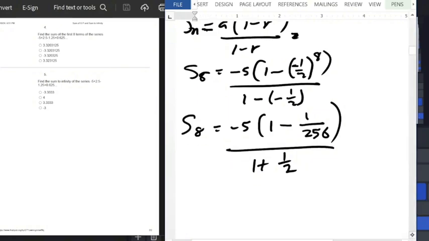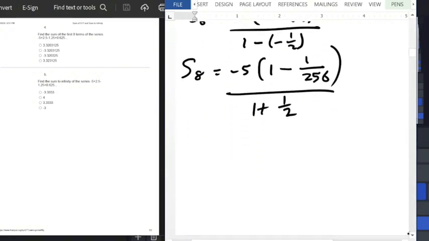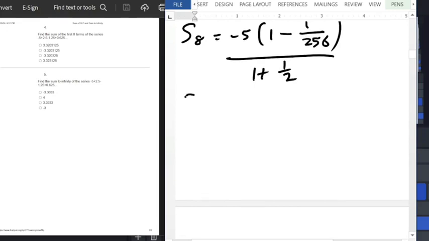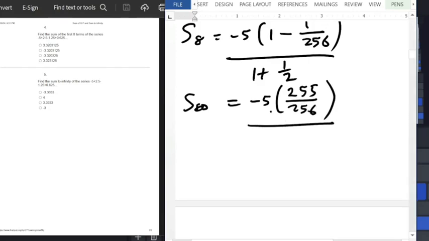So we have S8 equals minus 5 into, that is 1 minus 1 over 256 is 255 all over 256, so we take the LCM, then all over 1 plus 1 over 2 is 3 over 2.